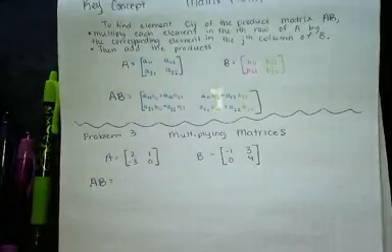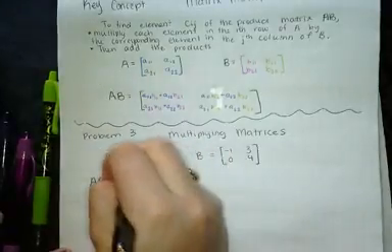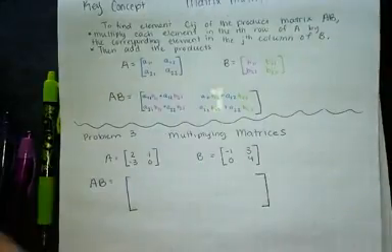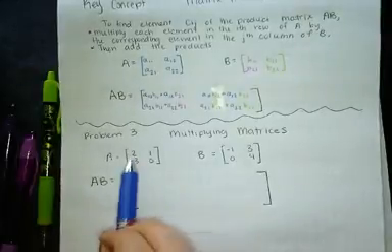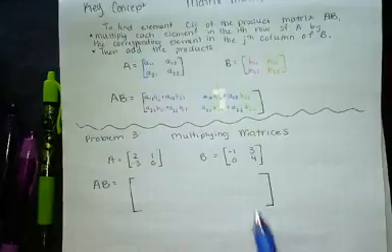Okay, so to get our, I'm going to make this kind of big here. So our 2 by 2, we're going to end up with a 2 by 2 still. So we're still going to have 4 numbers here.